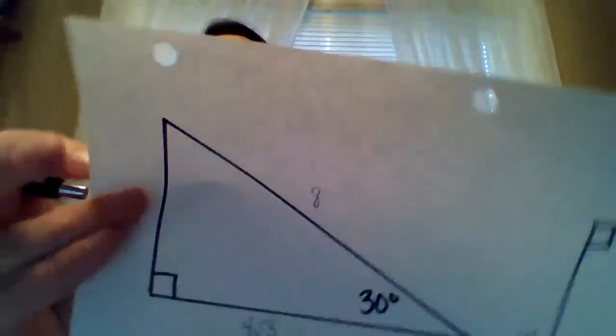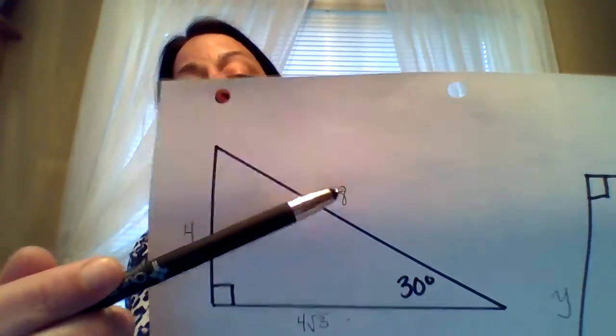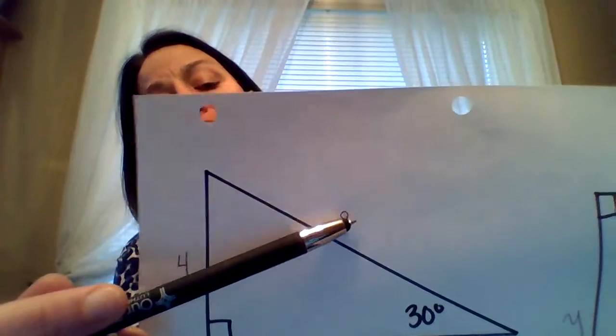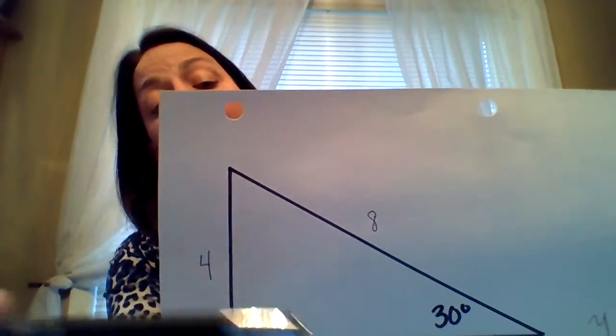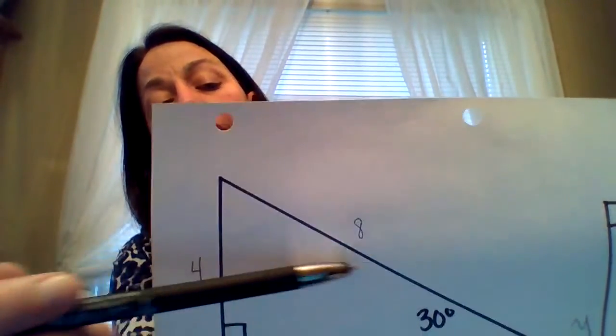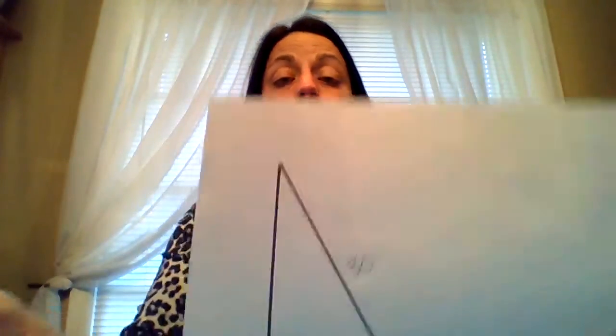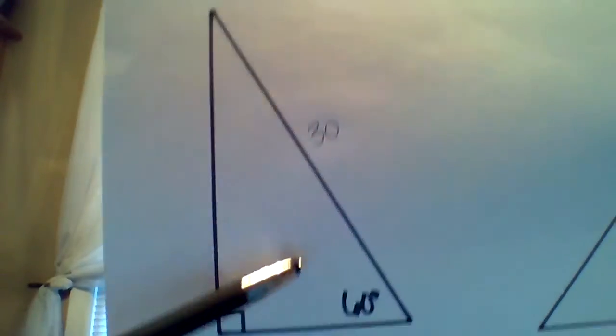Please think. Over here on this problem, when I started with 4 and I had to double it to get 8, what would happen if I would start with the 8? If I would start with the 8, I would have to take half of it to get 4. So if you're given the hypotenuse, take half of it to get the short side.